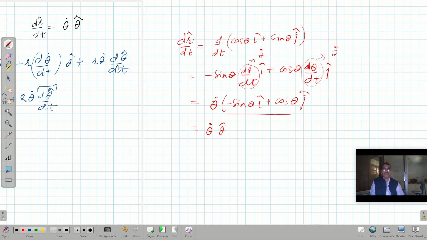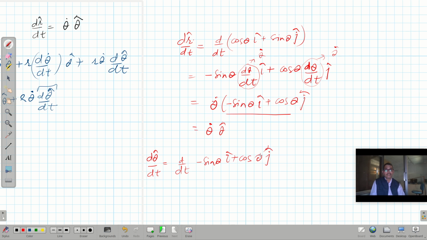Similarly, I will find d theta cap over dt. It is d over dt of minus sin theta i cap plus cos theta j cap.